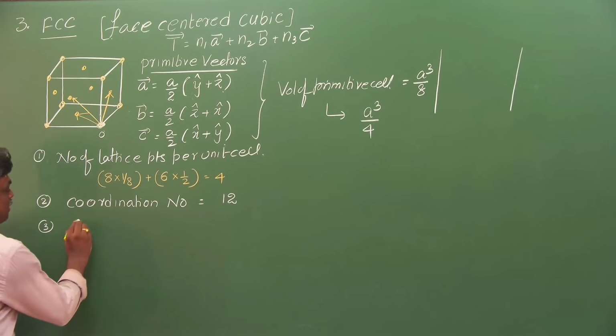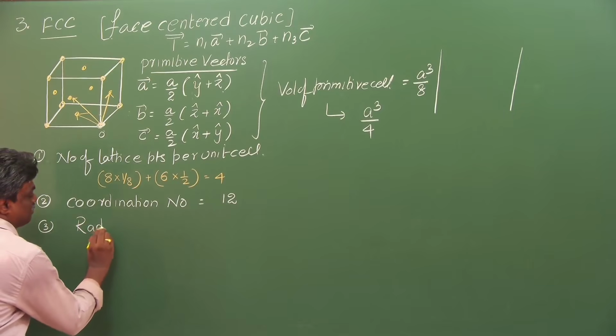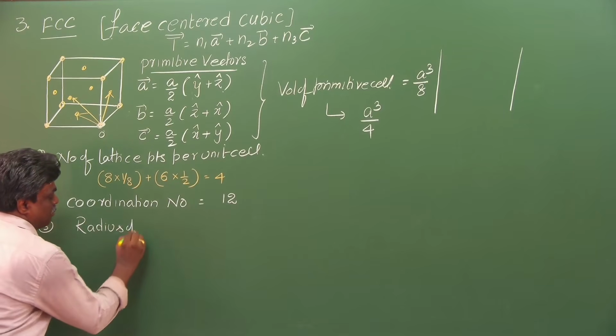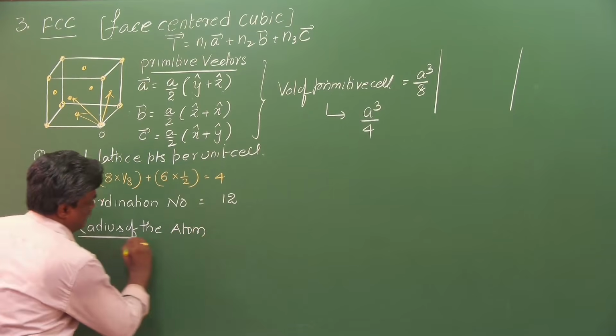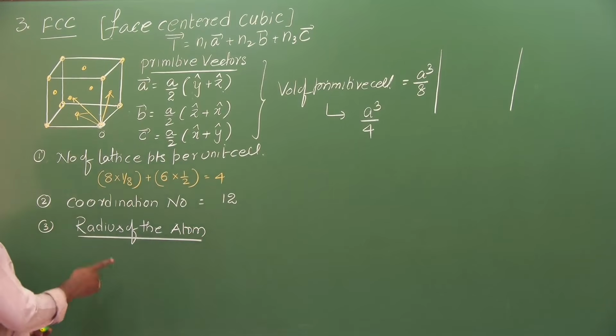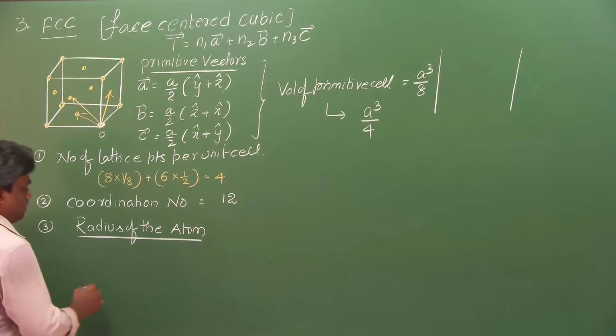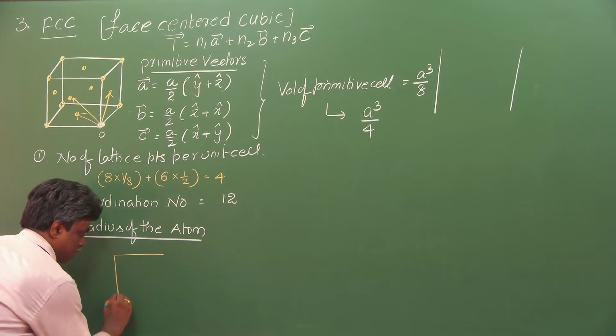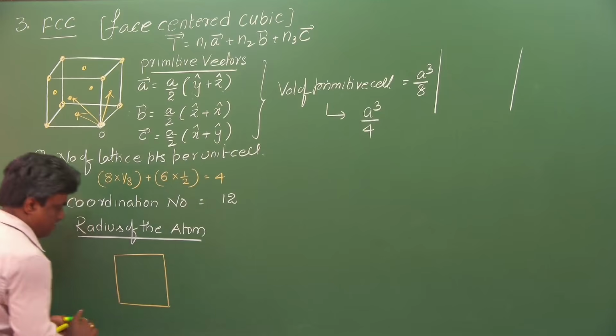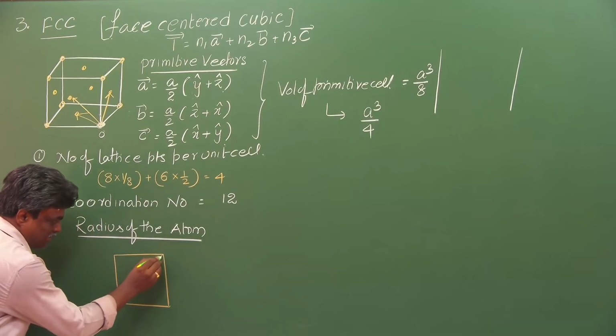Ready? Radius of the atom in FCC. Since it is FCC, I am taking the face diagonal. So I am taking one face. I hope you know this is the face diagonal.